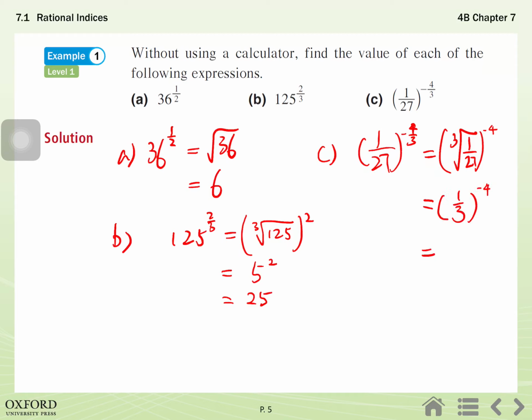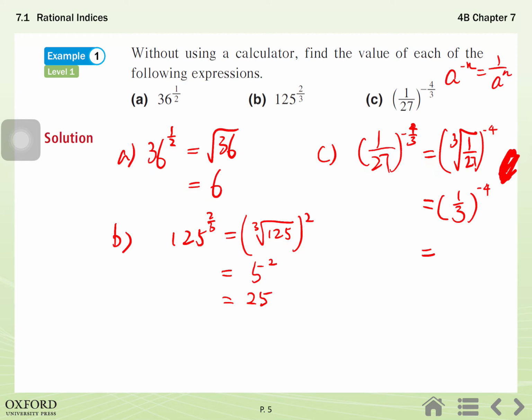Now since you remember this one, a to the minus n, I write it in this another way. I write in here, then we will have this one.